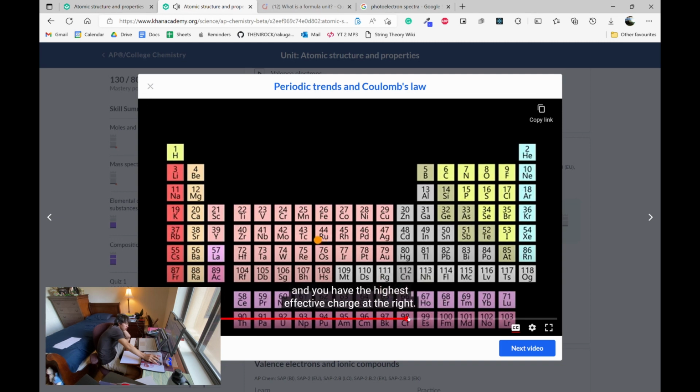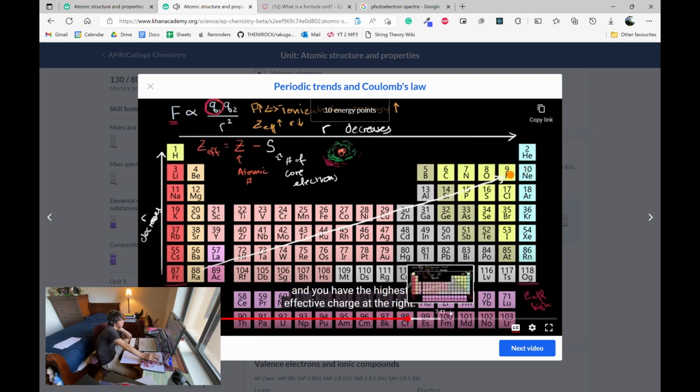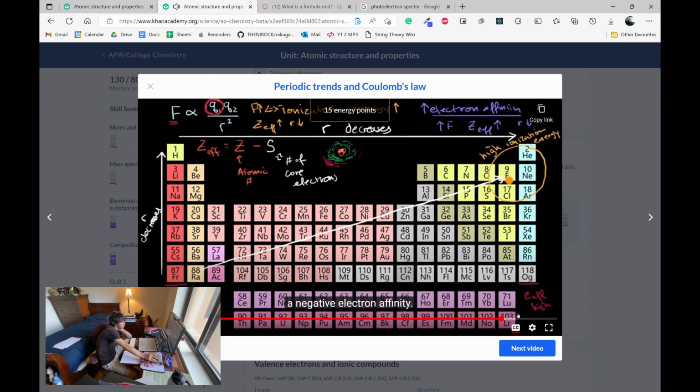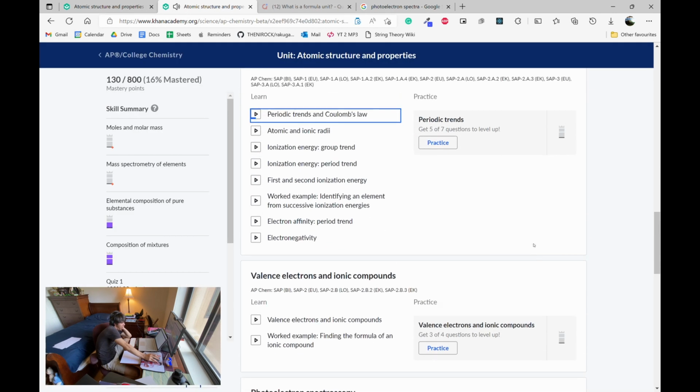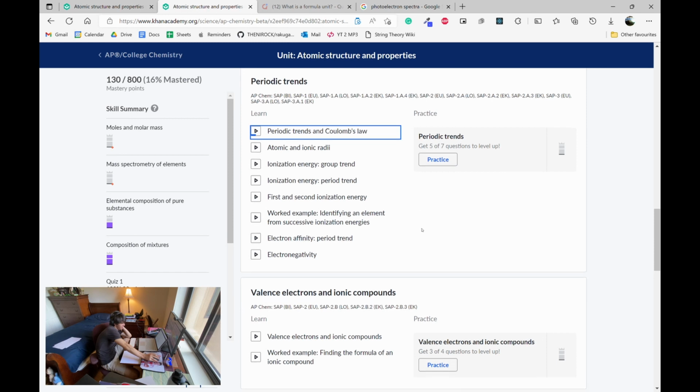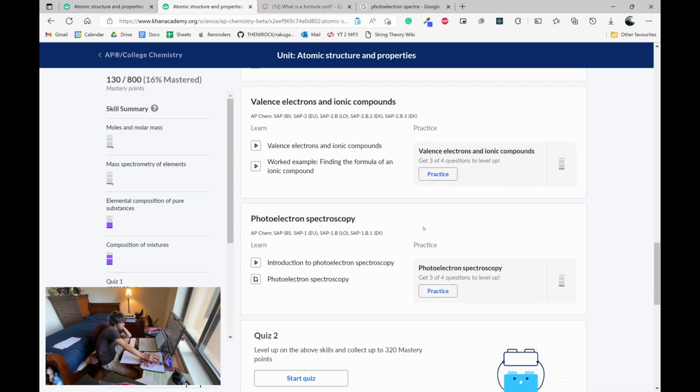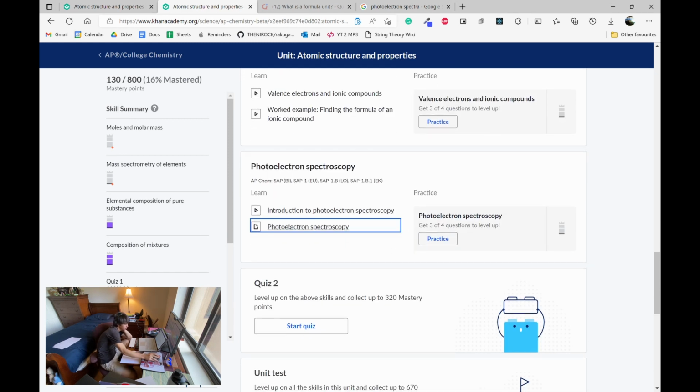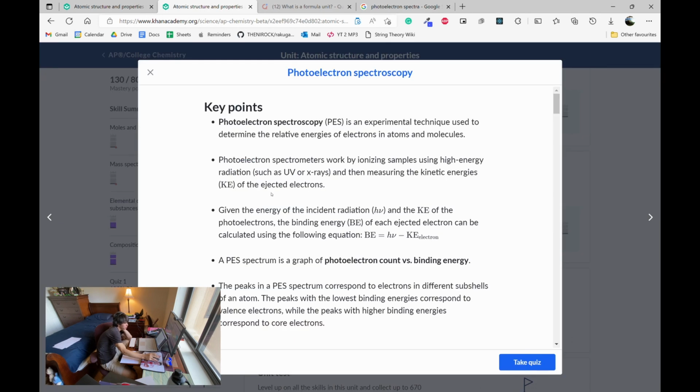I'm hearing energy. Oh, here we go. Spectroscopy. Okay, experimental technique used to determine relative energies.